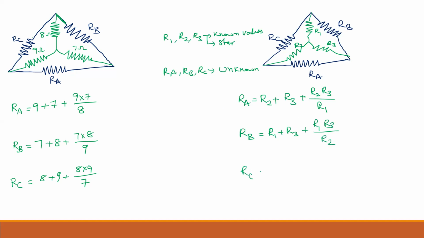Similarly, if you consider RC, R1 plus R2 plus R1 R2 divided by R3. These are the three unknown delta connected resistors we can calculate using these three formulas.